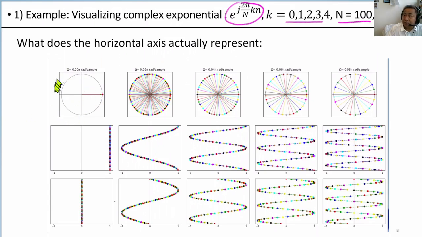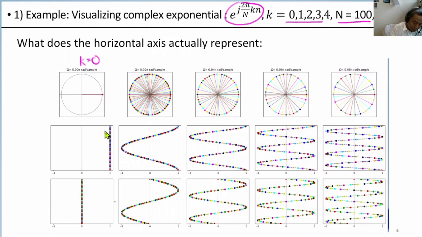So what you see is a 2D representation of the complex exponential, and if k equals 0, then it's e to the j0n, and in e to the j0n, even as n increases, the phasor remains stationary.